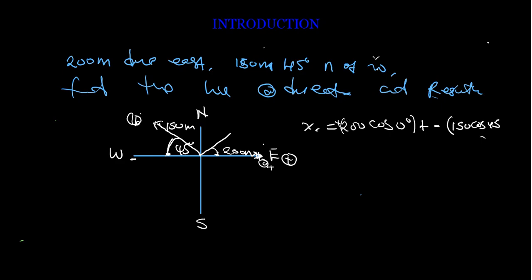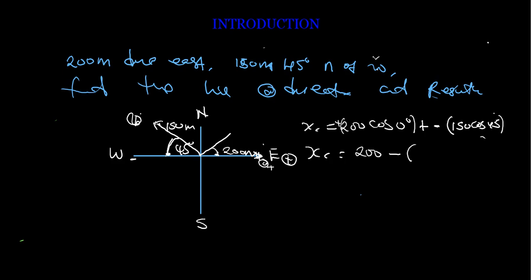When you punch this in, the first one gives you 200, because cos 0 is 1, so positive 200. Then minus, this is minus by the way, 150 cos 45.